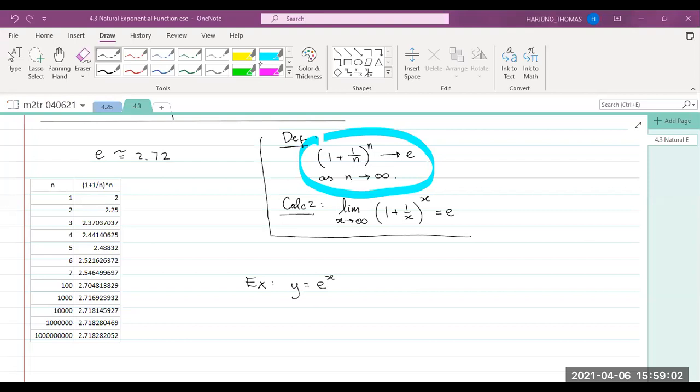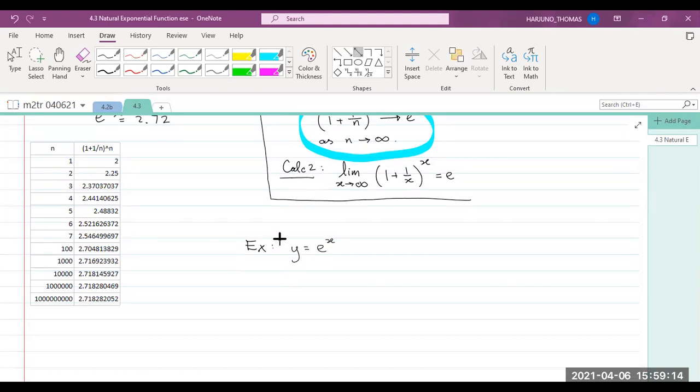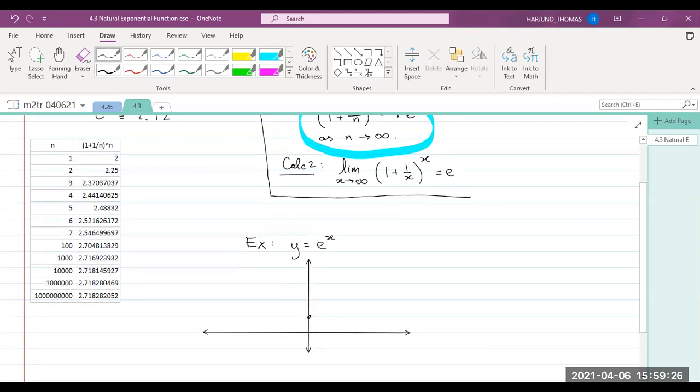Now, if I have y equals e to the x, then the graph: the y-intercept is (0, 1), then (1, 2.7 something), and (negative 1, 1 over 2.7 something).